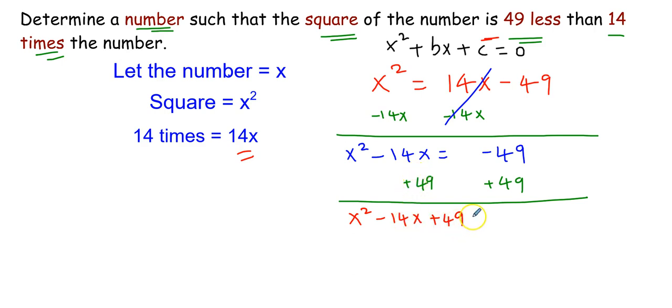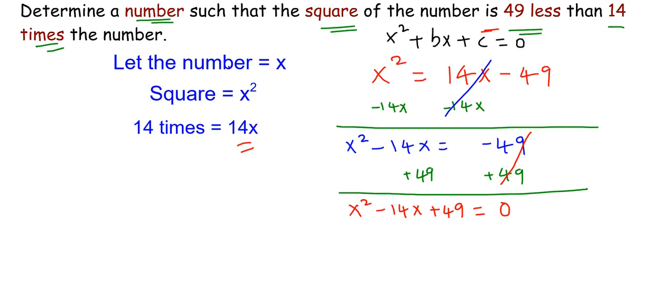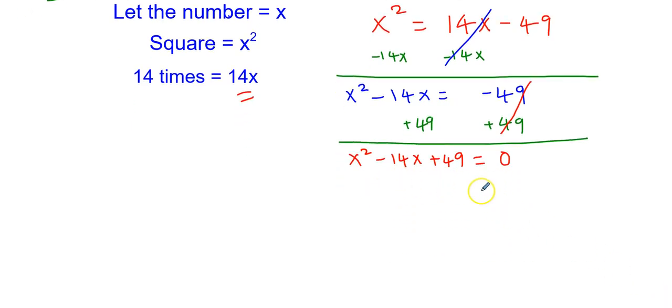You have to write them separately, right? So you have x square minus 14x plus 49, and negative 49, positive 49 got cancelled. Now we are left with a quadratic equation in the standard form, and you have to find the value of x.